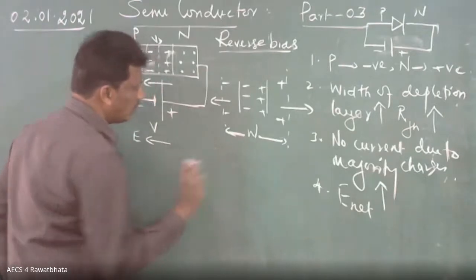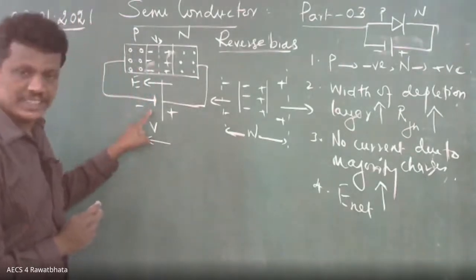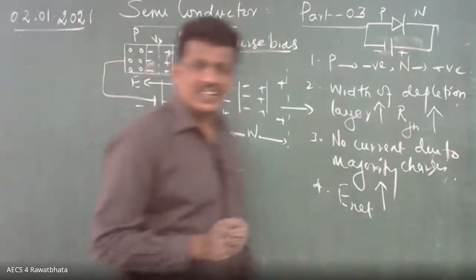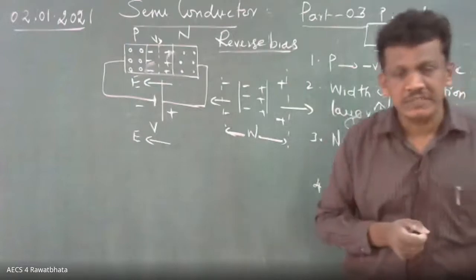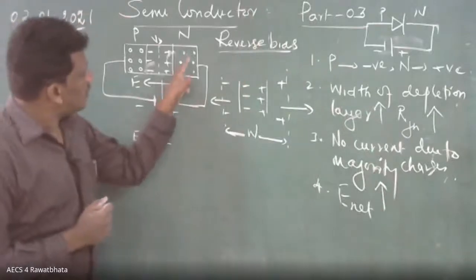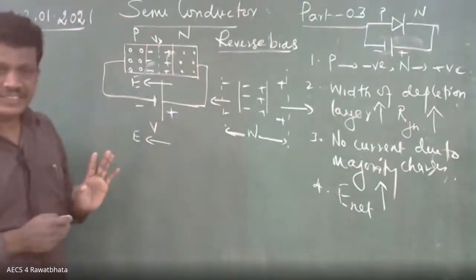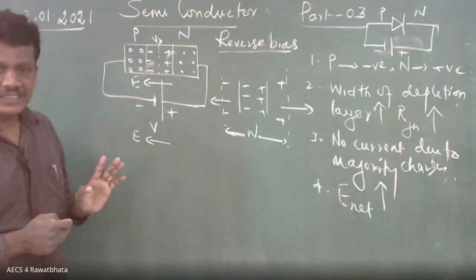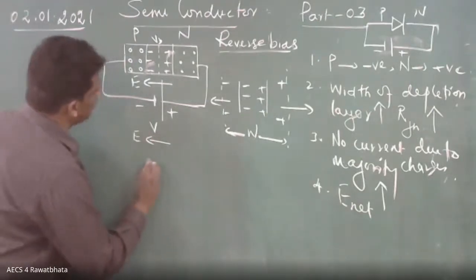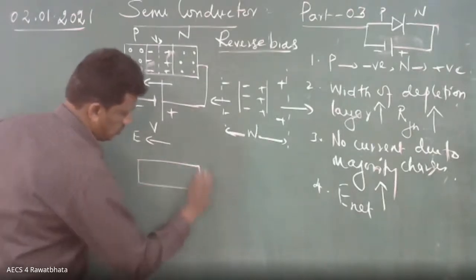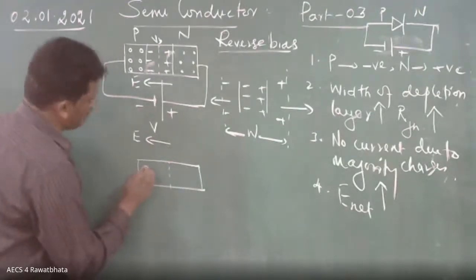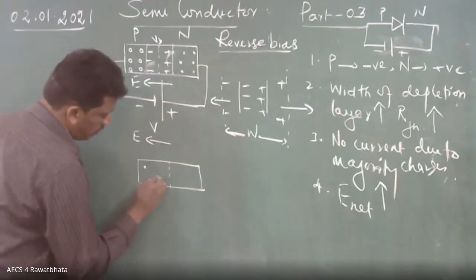So you see that, what will happen now? Here minus. But what is the minority in the P region? Which charge carrier? Electrons. What is the minority in the N region? Holes. So now what will happen? Here you have electrons, the number may be less.